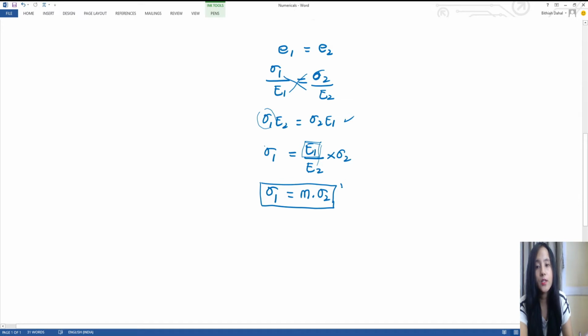We can also use this relation if the modular ratio is not given. If one modulus of elasticity is given and the other, of the second material, is not given, and we have to find E2, then we will have to use this relation to find either E1 or E2.